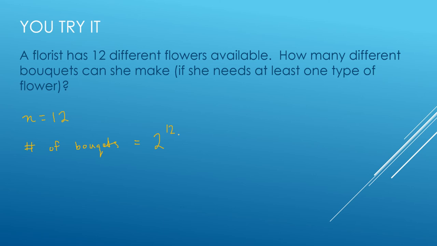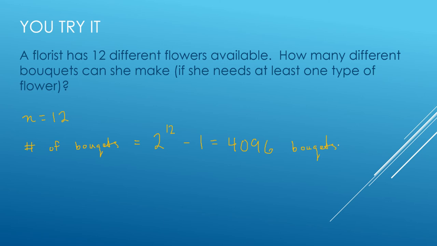You can either take or leave each individual flower. But again, you do take off 1 because you don't count the null set. You don't want to give somebody a bouquet of flowers with nothing in it. So 4,095 bouquets. So a simple calculation. Just got to get used to framing the problem, given what you have.